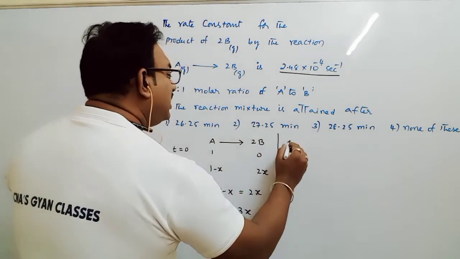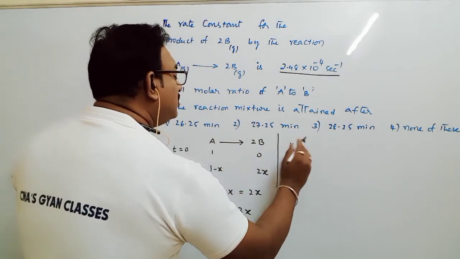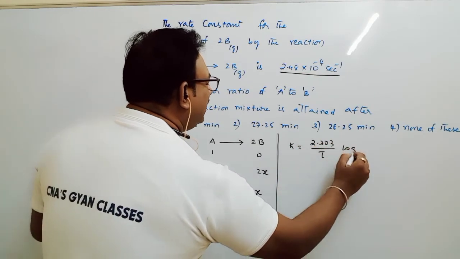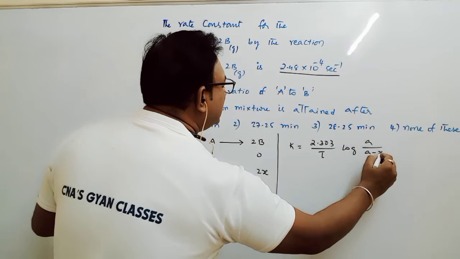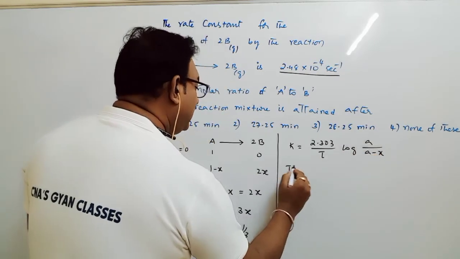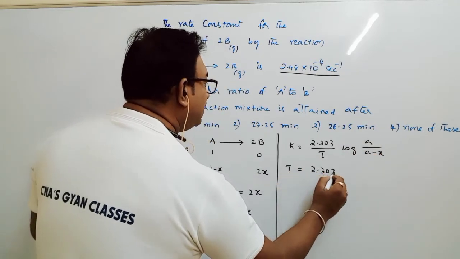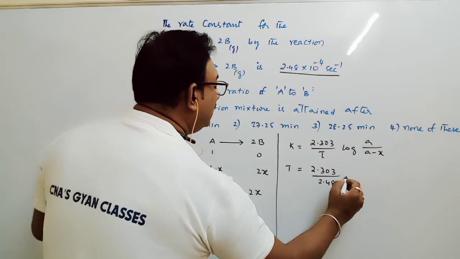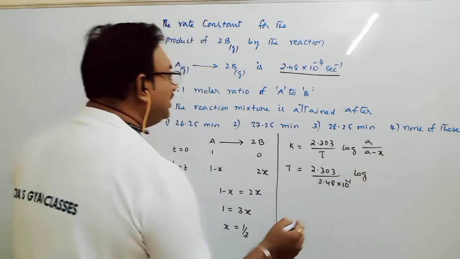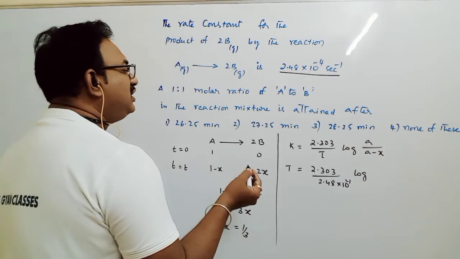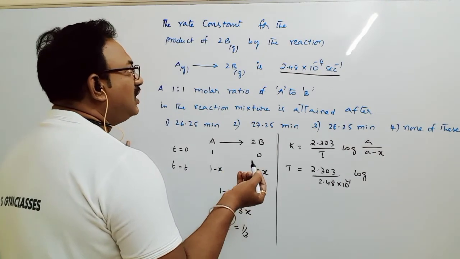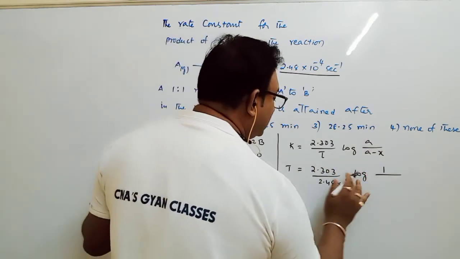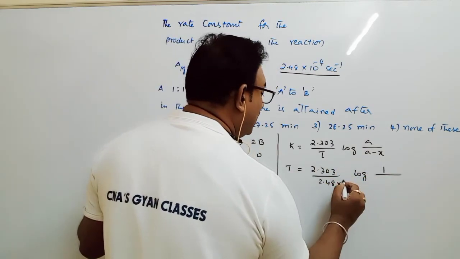Then k equal to 2.303 by t log A by A minus x, then t equal to 2.303 by 2.48 into 10 power minus 4 into log of A, the initial concentration. Here we take the initial concentration as 1, because we have taken 1 already.